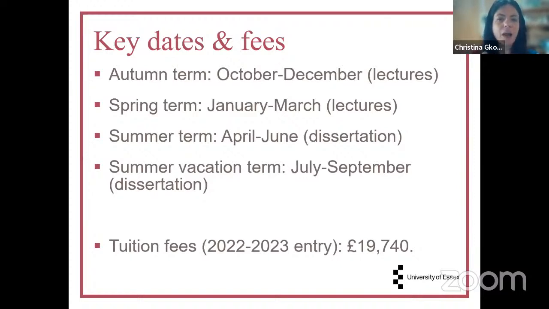In the summer term and summer vacation term, you are doing your own independent reading and research, but your supervisor advises you on all aspects of the research study of your MA dissertation.